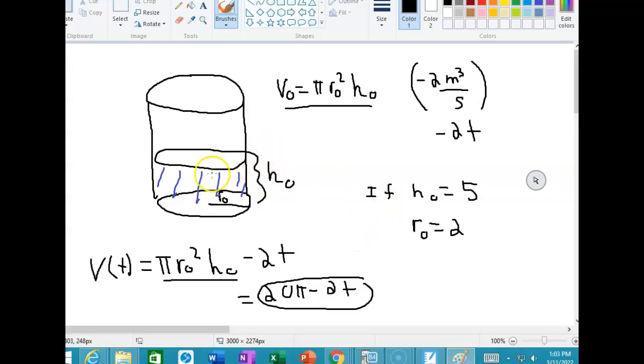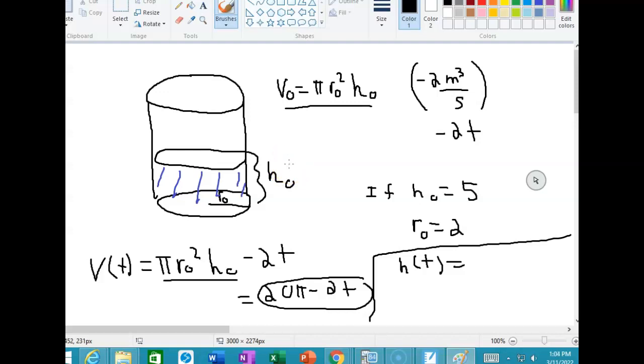Let's say I wanted to know what h of t was. Can you solve for h of t? Given this information, if we know that the volume's going down by 2 meters cubed per second, how can you solve for just the height?